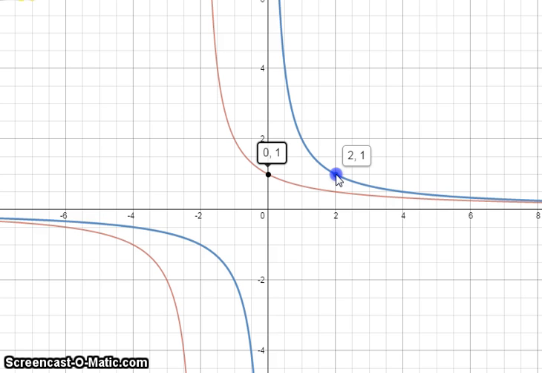Because remember it's x minus h, we moved 2 units to the left, so we went from 2 to 0. If you compare any of the other values, you'll see the exact same thing. It didn't do any sort of stretches, it just moved it h units to the left or the right, and this one here was -2, so it moves it to the right 2 units.